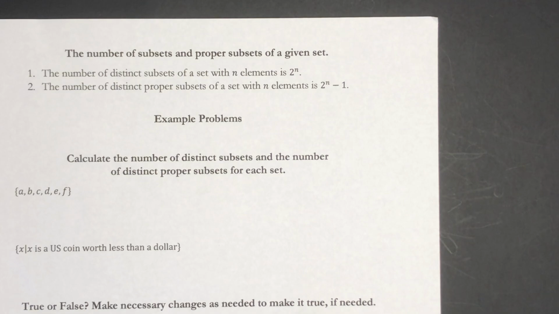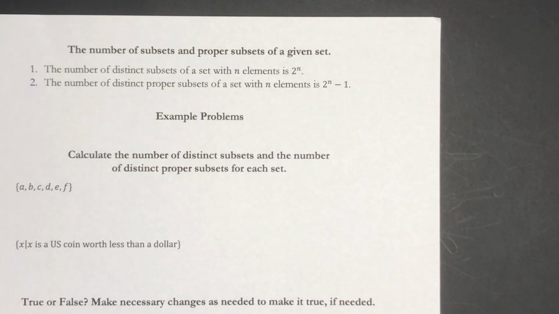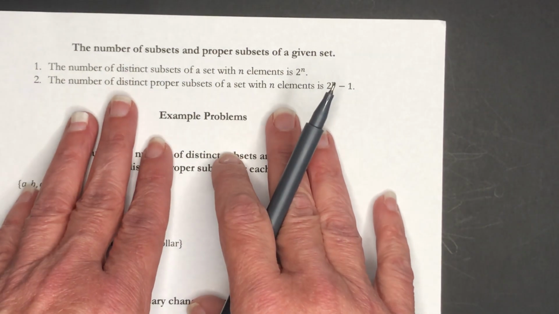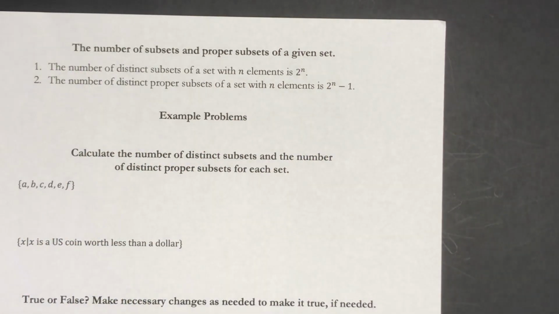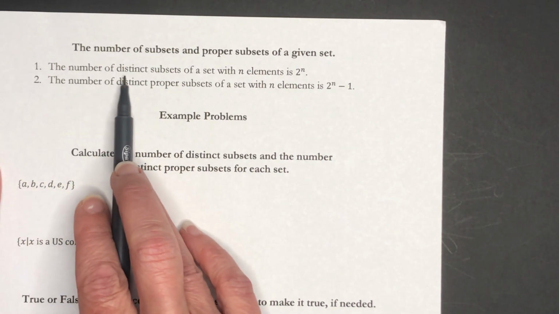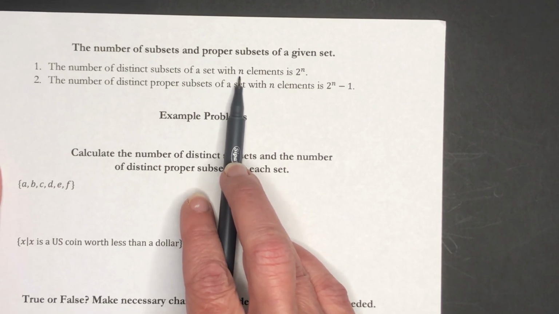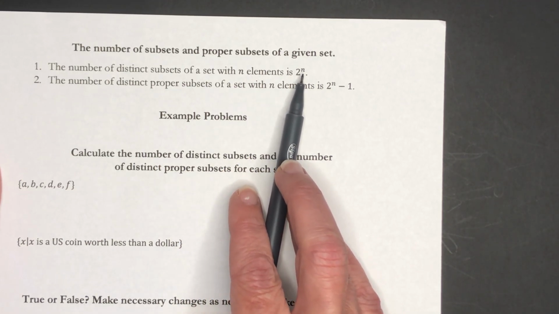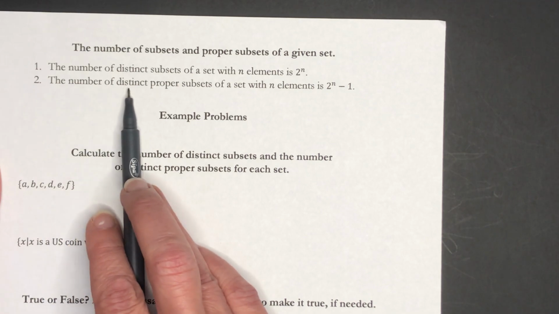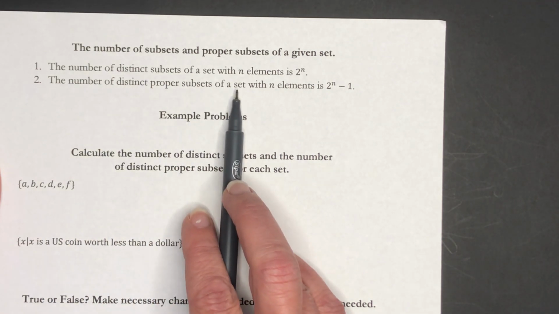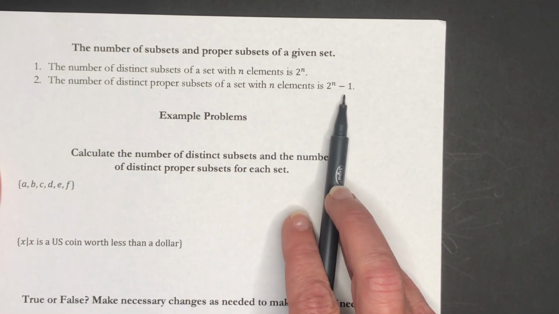All right. Now, one of the things that becomes rather important is to know how many subsets and proper subsets you have, okay? And there's a pretty easy formula here. The number of distinct subsets of a set with n elements is 2 to the n power. The number of distinct proper subsets of a set with n elements is 2 to the n minus 1.